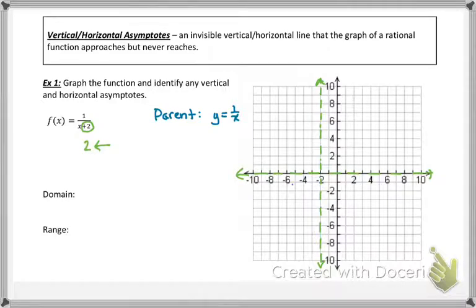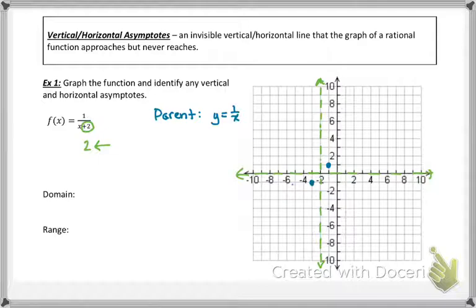So treat it as if it's your new x and y axis, and use our 2 points, one on each side of the vertical asymptote, that we had graphed before. We had said 1, 1 was a point, right? If x is 1, y is 1. 1 divided by 1 is 1. So here is 1, 1. Treating these as my new x and y axis, that point right there is 1, 1. And then negative 1, negative 1 is another point.